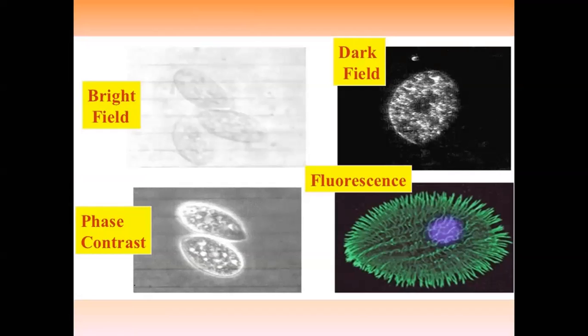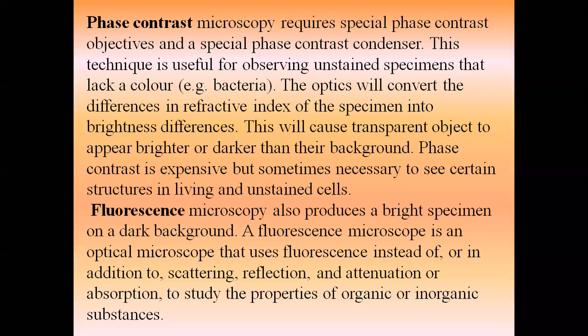As a result, the captured refractive index will make an image, and that image we can see through the microscope. So this is the principle of the phase contrast microscope and how we see the sample in it. Then comes the fluorescence microscopy.